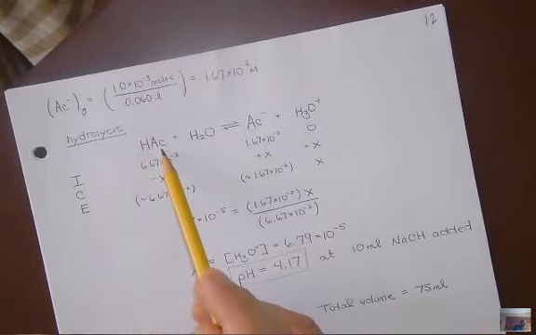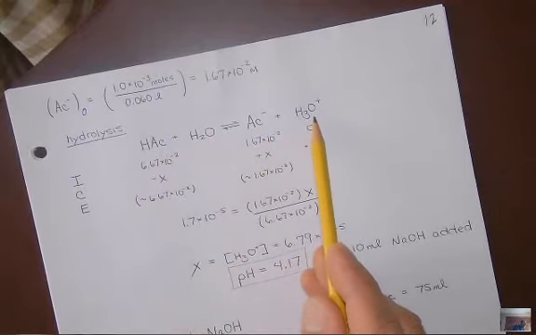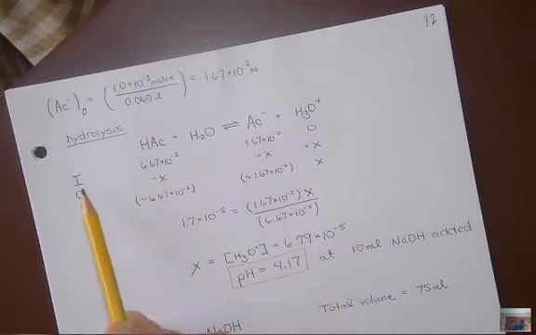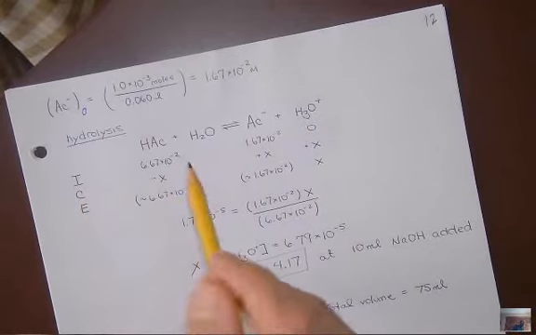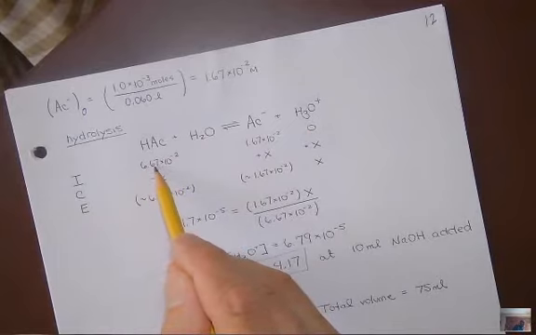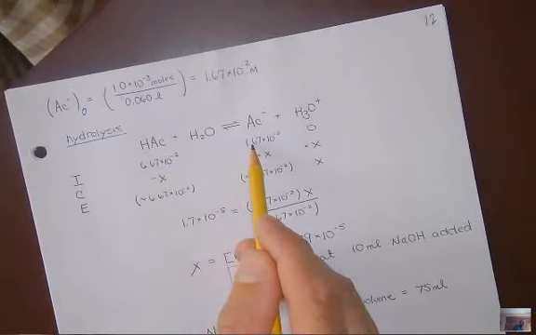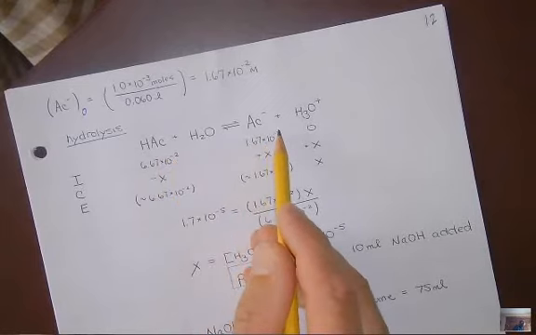I might as well write the hydrolysis the easy way. So write it from the point of view of the acetic acid. Acetic acid reacts with water to make acetate and hydronium ion. The initial concentrations are 6.67 times 10 to the minus 2 here, and 1.67 times 10 to the minus 2 here.